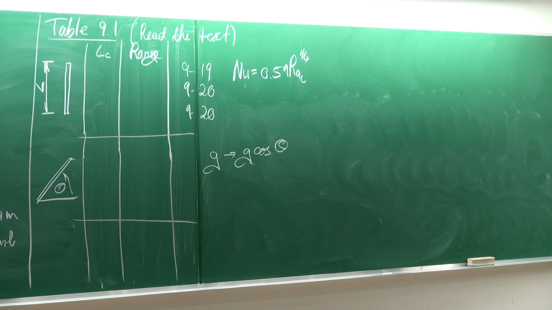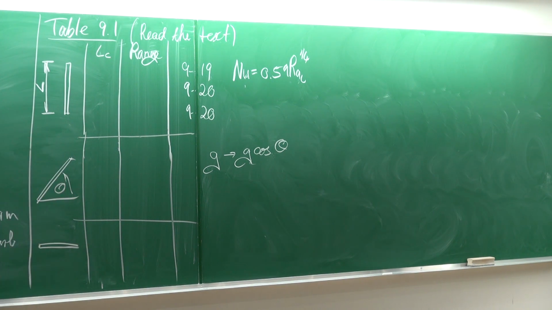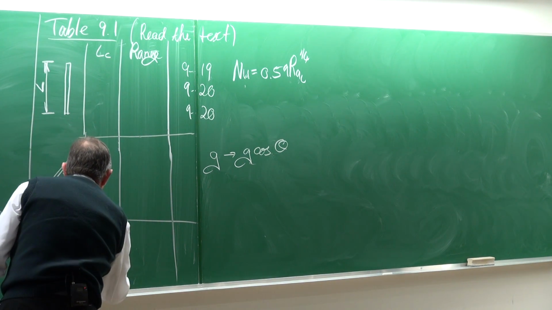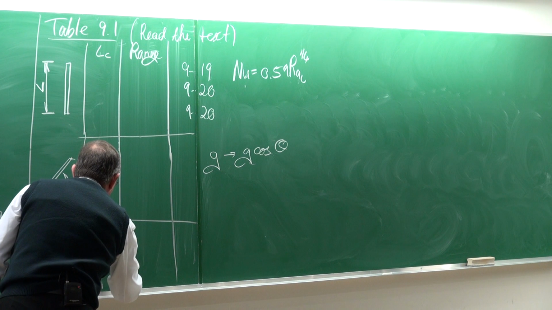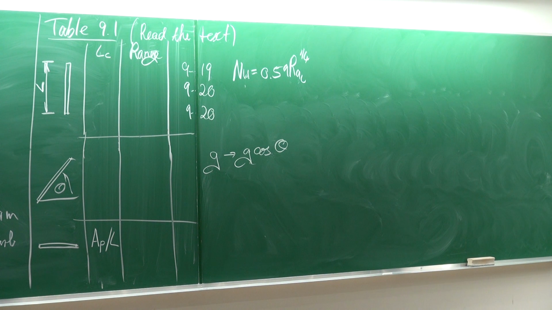The next category of problem is that of a horizontal plate. Okay, so now the plate is like that. And again there are three equations, and they specify, for example, for a horizontal plate, the surface area A and the perimeter P. So what they now say is that for this one you calculate the characteristic length by the surface area, no wait a minute, A_s divided by P, sorry.